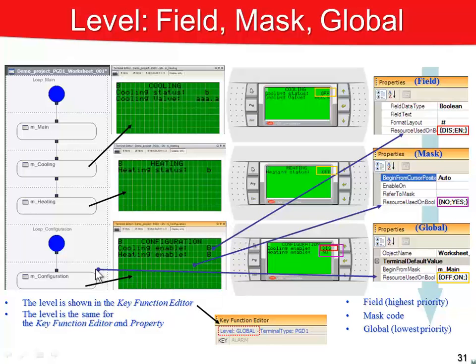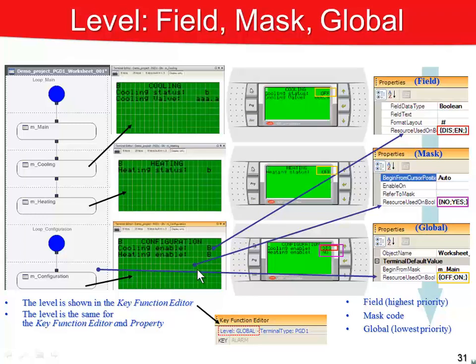This full slide states that if you click the background, you select the global level, where you can specify on-off, and so all the fields show on-off, as you can see here.